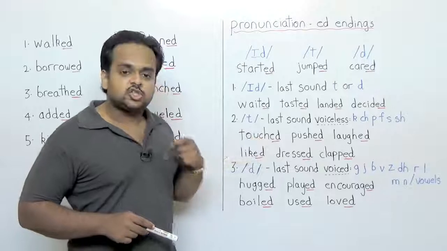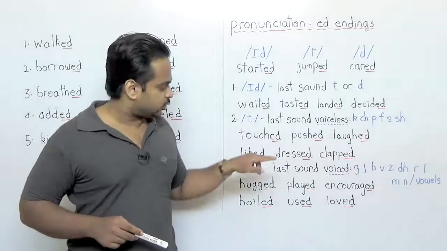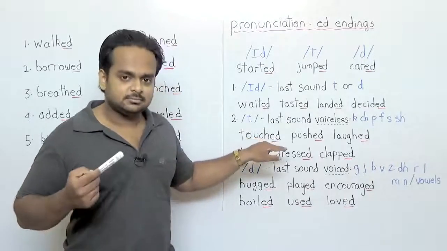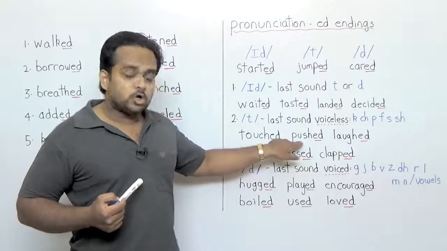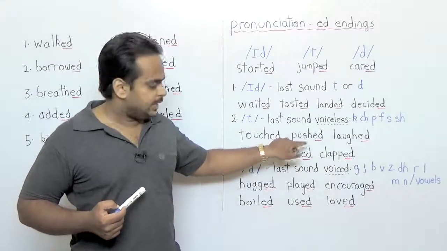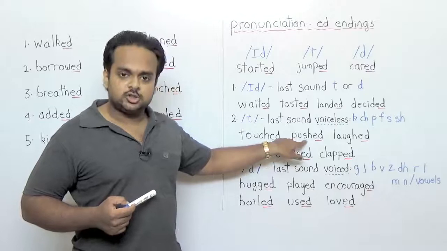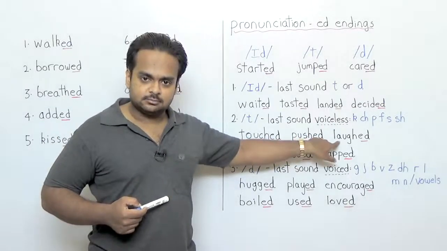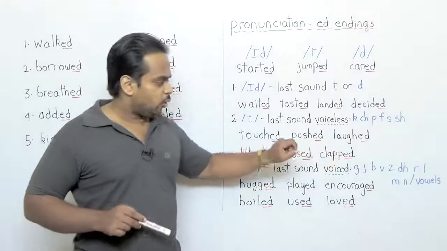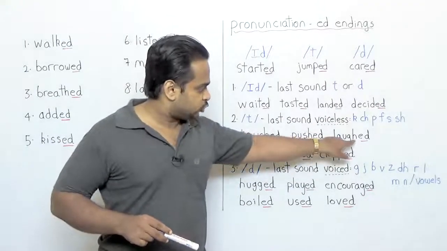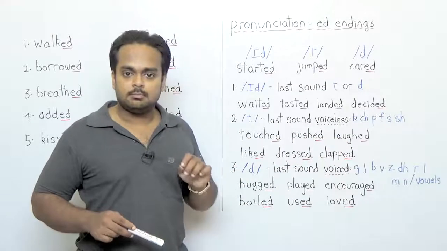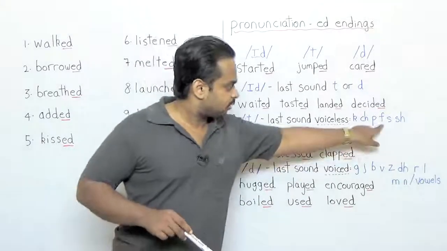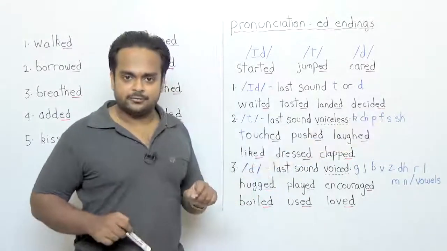This sound ch is voiceless, so touched, t. Pushed, pushed. Here the last sound is sh, so pushed. Laughed, laughed. Notice here that the last two letters are GH, but the sound is f, so laughed.